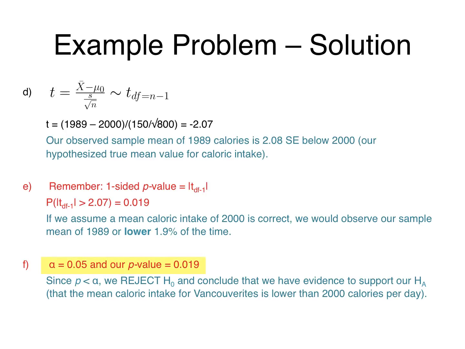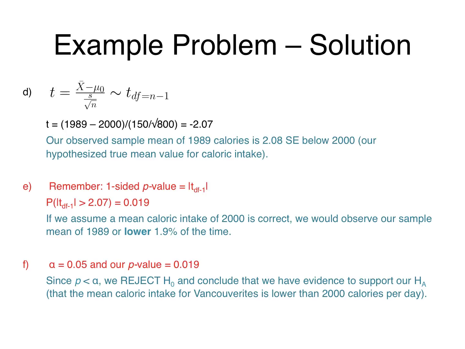Since our p-value is less than 0.05, we reject our null hypothesis and conclude that we have evidence to support our alternative hypothesis. So we can see here that compared to the two-sided test, our p-value is lower here.